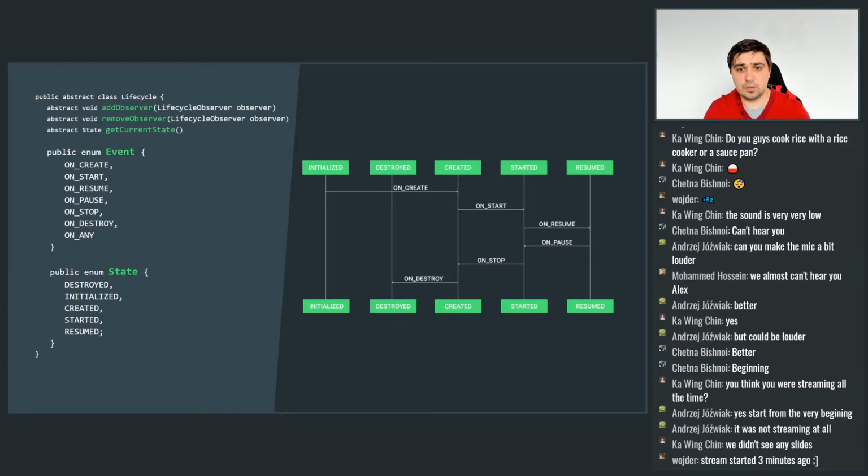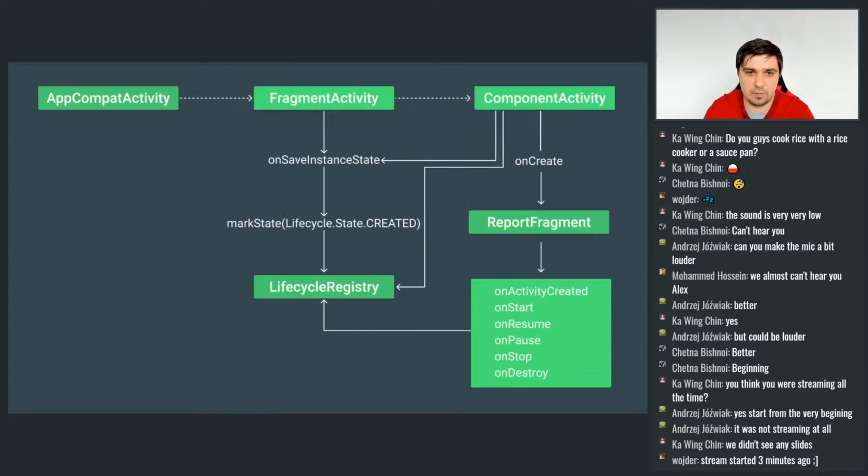With add and remove observer, we can add our observer to the Lifecycle owner, as in the previous example. And if we combine event and state, both of these can be mapped and replaced with the traditional approach with callbacks. However, in many cases, especially when you use AndroidX, the new approaches are much more efficient.